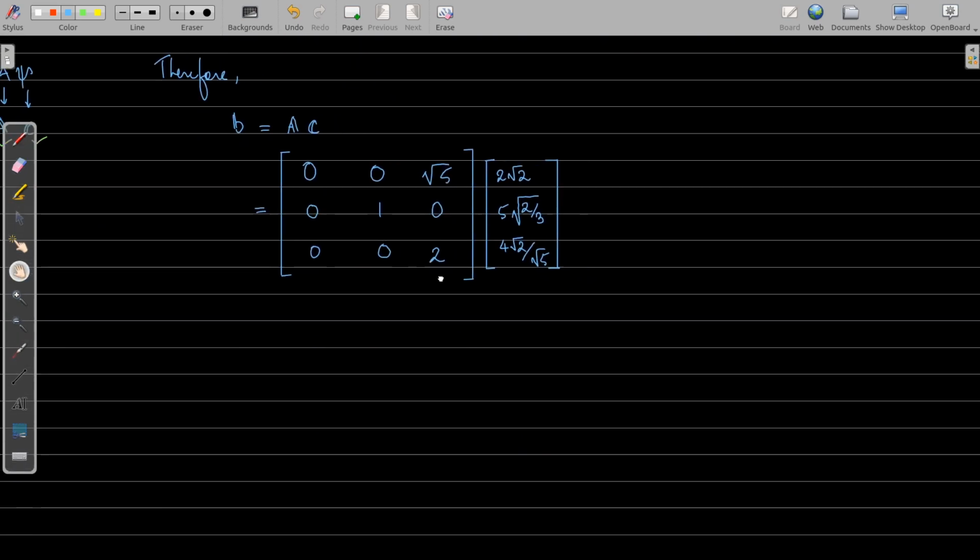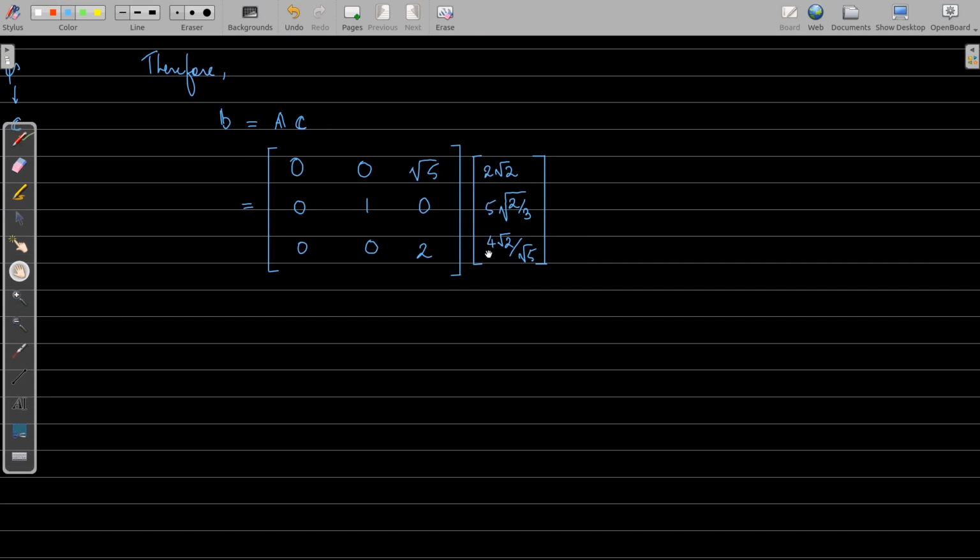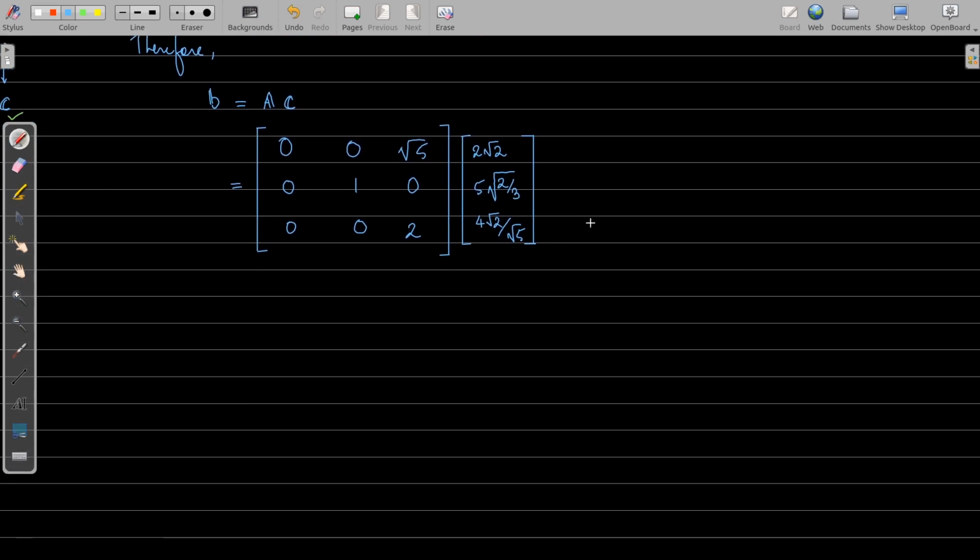So now all that you require is a matrix multiplication. You can work this out for yourself. This matrix multiplication is going to give us the first element equal to 2 root 2, the second element equal to 5 root over 2 by 3, and the third element equal to 4 root 2 by 5.